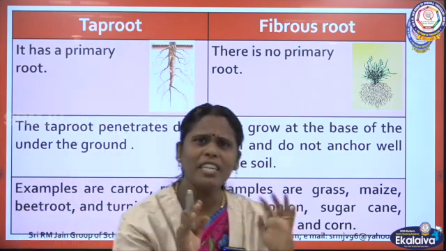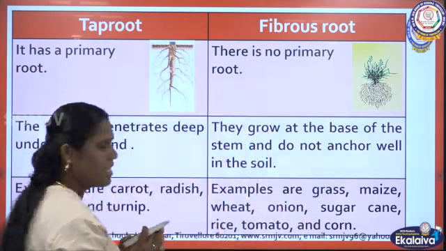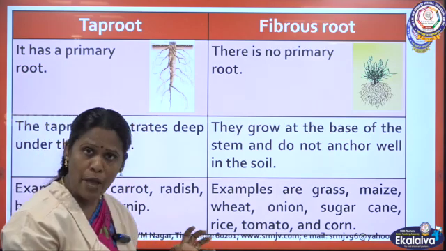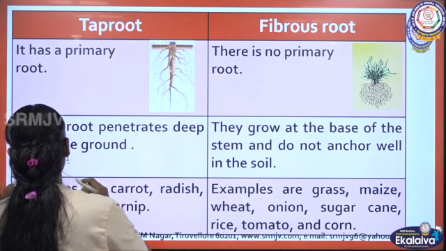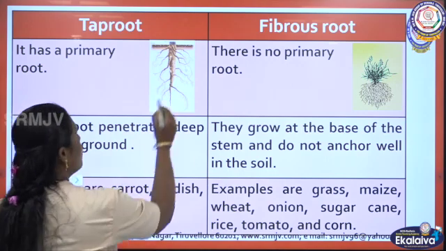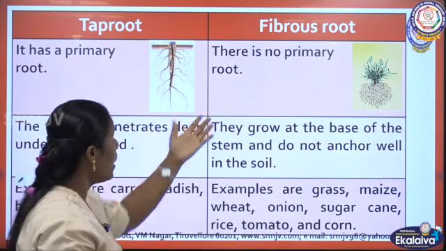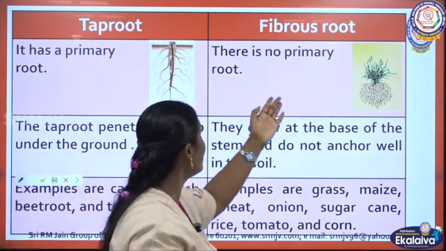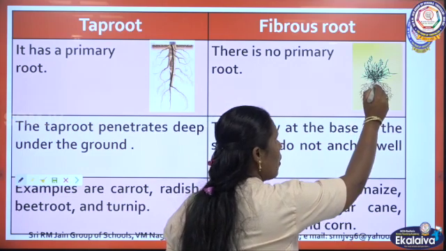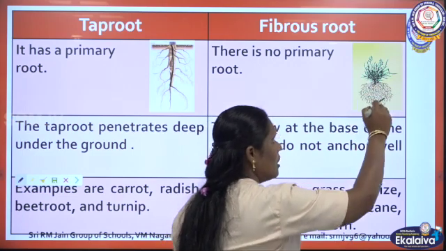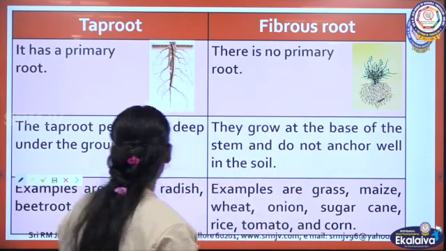Next, what is the difference between taproot and fibrous root? See children, a taproot has a primary root. But in a fibrous root, there is no primary root because a bunch of roots is found there, right?